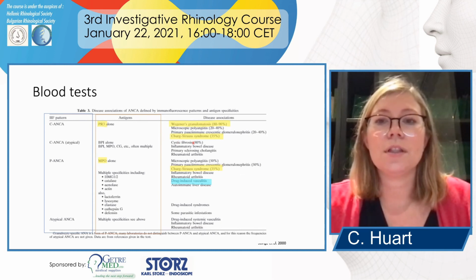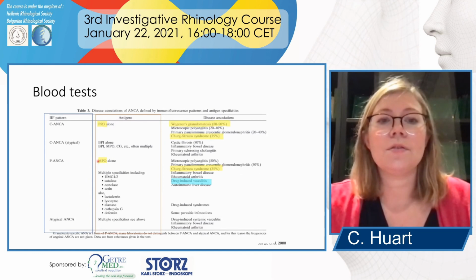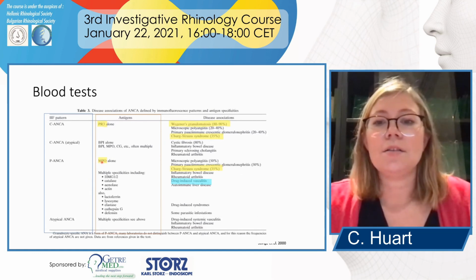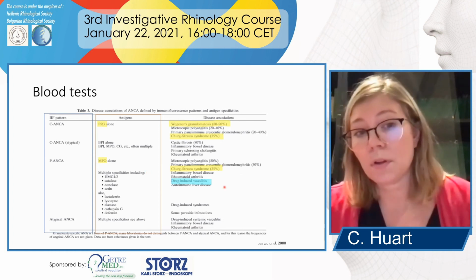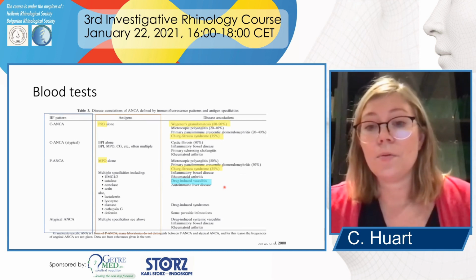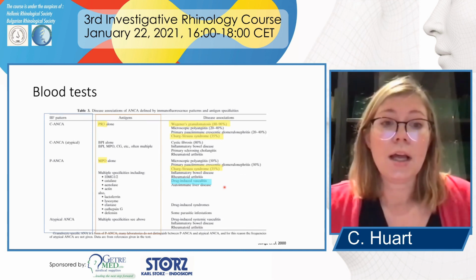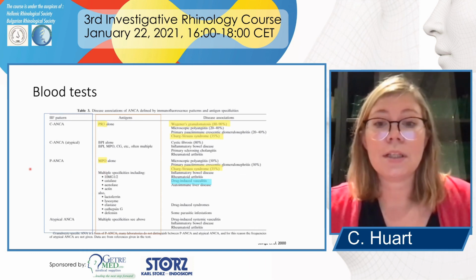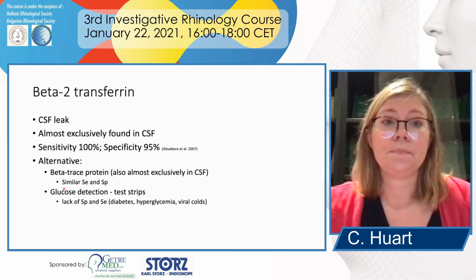In Churg-Strauss syndrome, patients also have P-ANCA targeted towards MPO. This profile is also found in patients with drug-induced vasculitis. So it's very important to keep it in mind. When you see a patient with an important septal perforation, even if he has ANCA and MPO, it's important to ask whether he's taking cocaine because it can induce such serology.